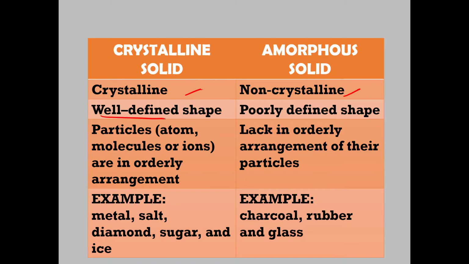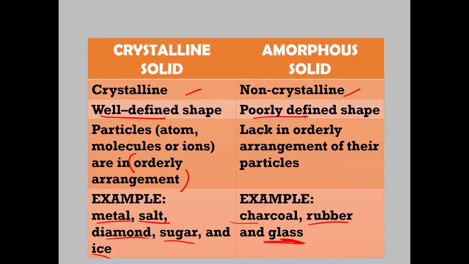It's a well-defined shape, poorly defined shape, right? Orderly arrangement, the particles or atoms are in orderly manner. So this one lacks order. Contohnya salt yang you guys makan setiap hari, the metals that we pegang, sugar, ice, diamond. Examples of amorphous solid are charcoal, rubber, and glass.